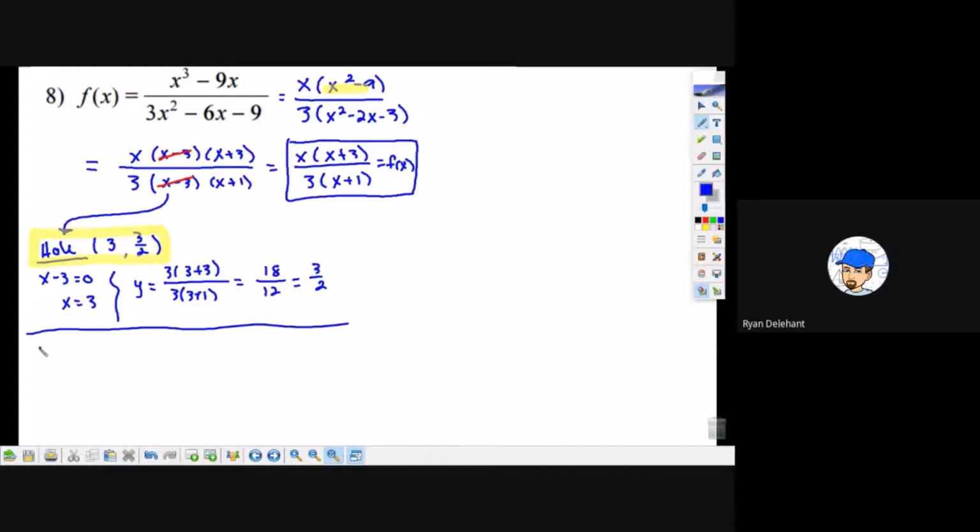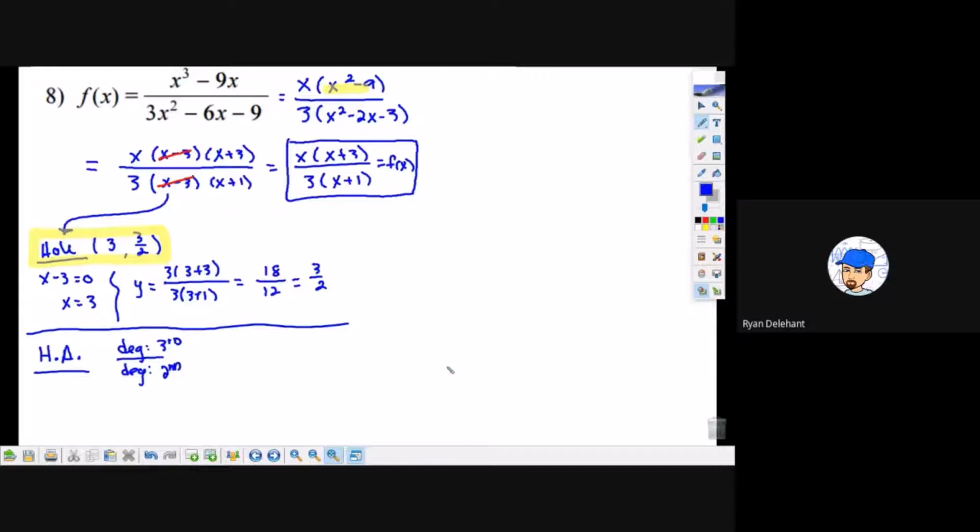Let's do the horizontal asymptote next, because that's the one where we need to compare the degrees. So we need to look at the degree of the top, the degree of the bottom, and see which rule we have. So the top of this one is a 3rd degree, bottom is a 2nd degree. So does that mean y equals 0? Does that mean I divide the coefficients, or does that mean this one has a slant or a polynomial asymptote?